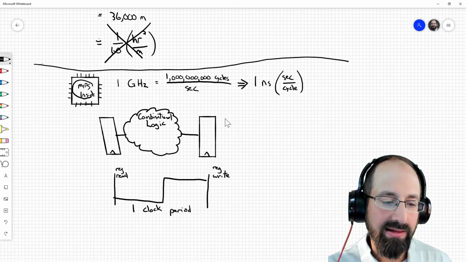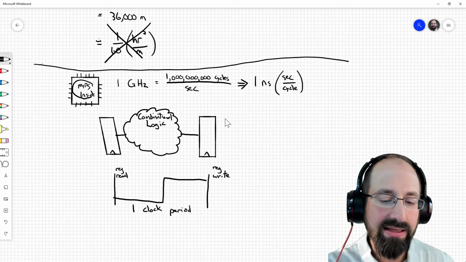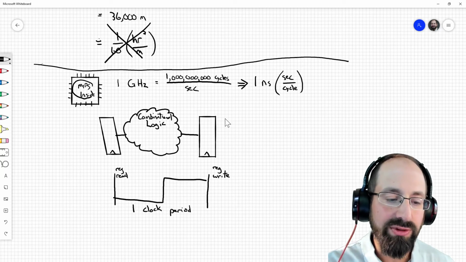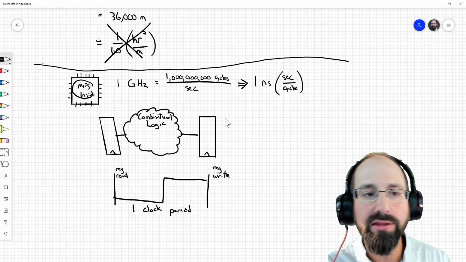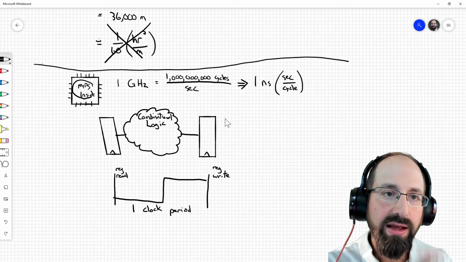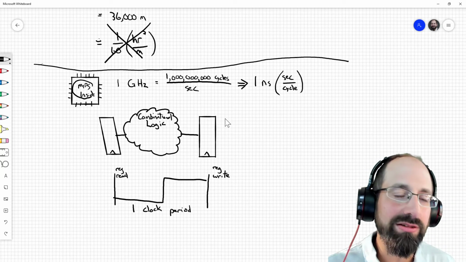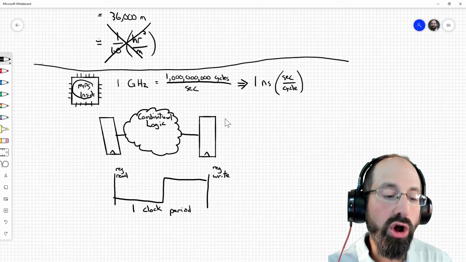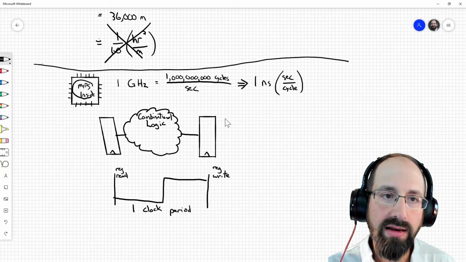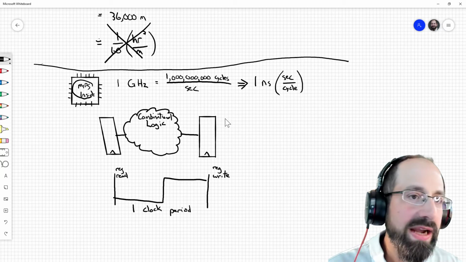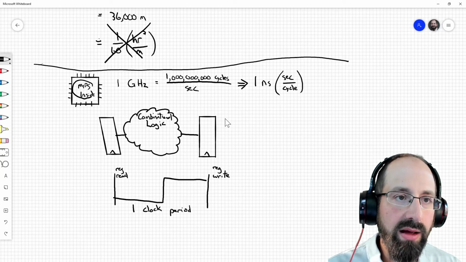That is a definitional thing here. That is the path that it takes to execute this logic between the flip-flop being read, the register being read, and the register then being written to update it, through that cloud of combinational logic. All paths have to be shorter than that 1 nanosecond. And there are many such paths, right?